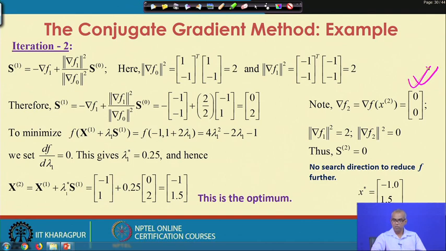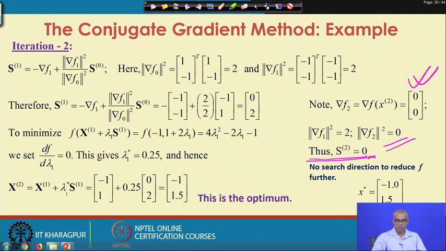Also, the norm of the gradient of f at x 2 is 0, so S 2 will be 0. There is no direction to reduce the function value further.